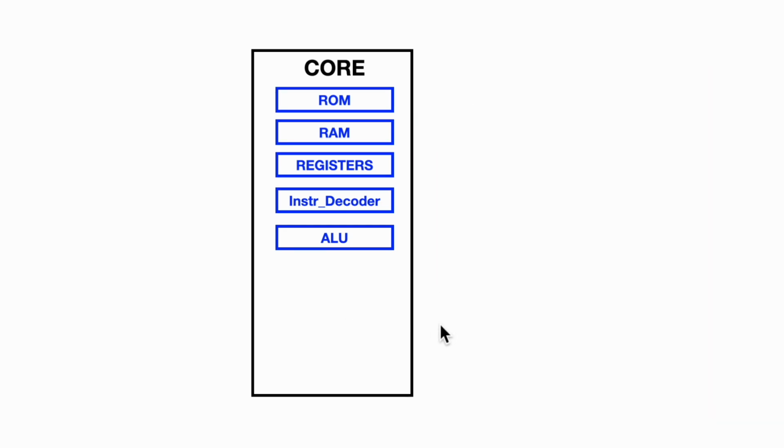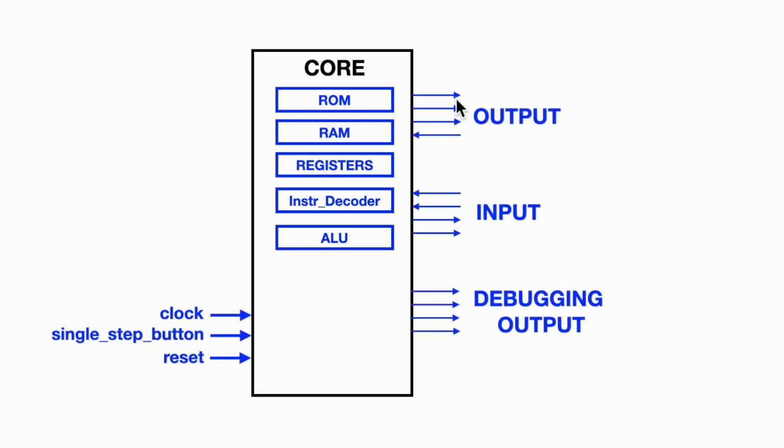Okay, so let's take a look at the core module a little bit more closely. To interface with the outside world, we have I/O registers. So in the EveCore, to output something, we can use the out instruction to update an output register, and we can read from devices by using an in instruction.